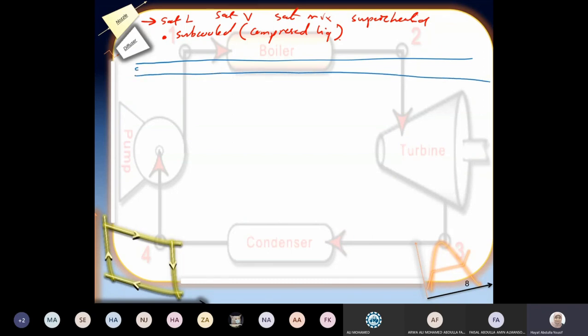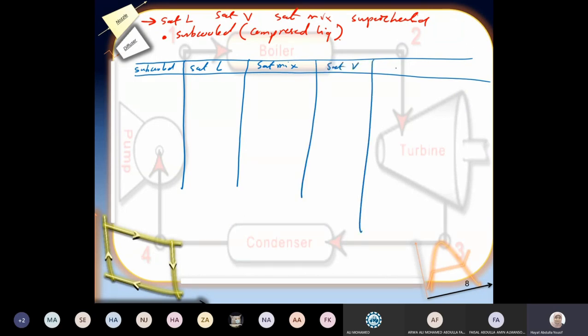Based on the PV diagram, we have subcooled that comes first, then saturated liquid, then saturated mixture, then saturated vapor, and last we have the superheated. Okay, easy. Just for your information, I'm going to put properties here and make sure that you are aware of that.